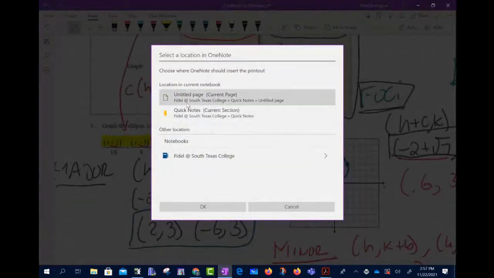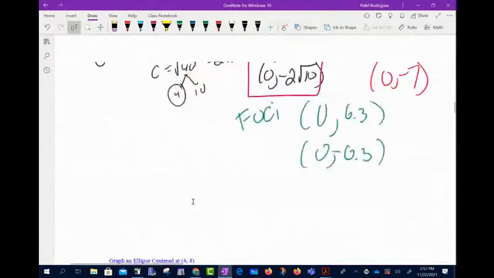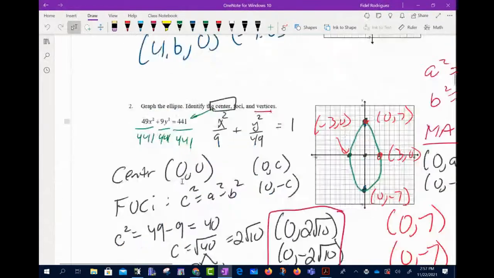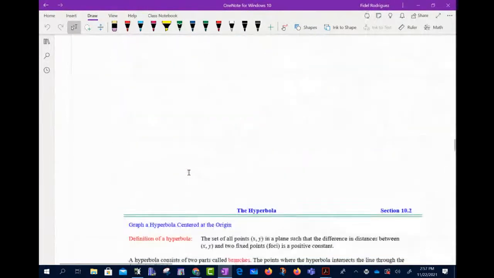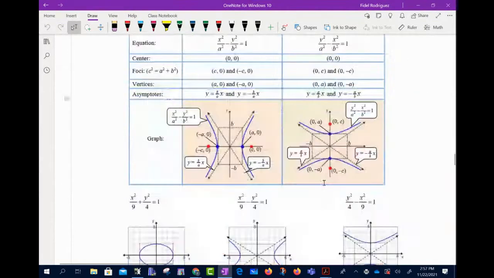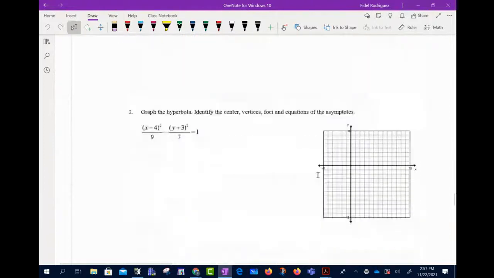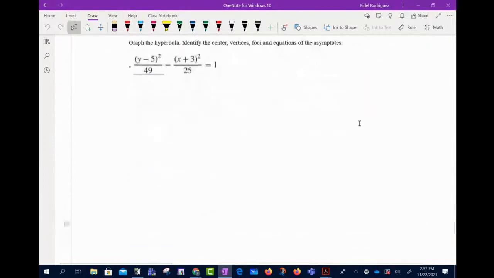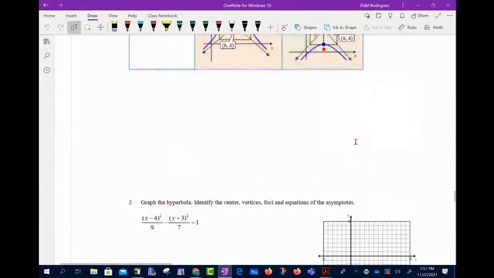Here we go, see the current page. Boom. Okay, let me scroll. They're probably going to take some time to do, but we'll figure it out, y'all.